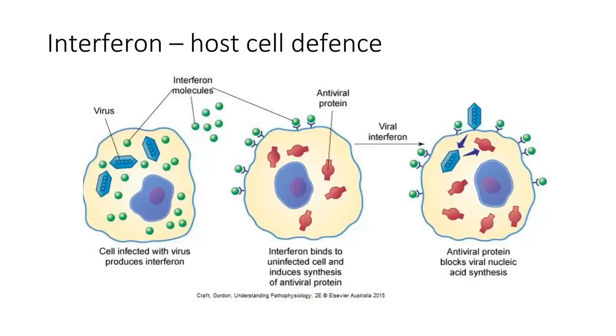So this interferon tells all these other cells to make antiviral protein in order to block the viral nucleic acid synthesis to make new virus.